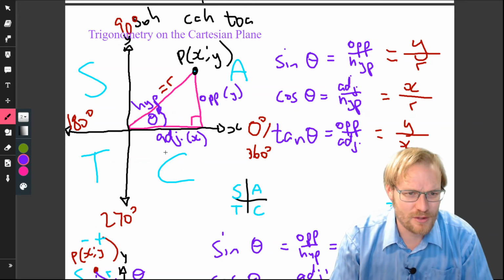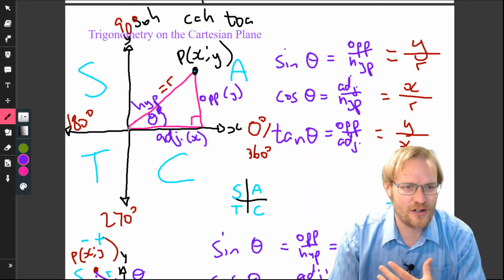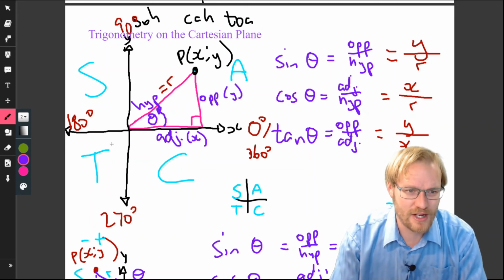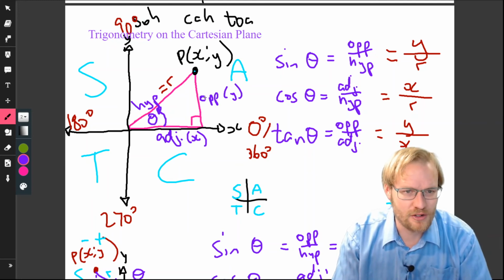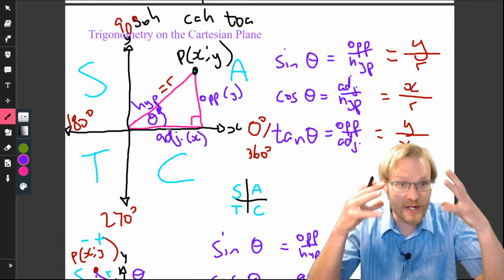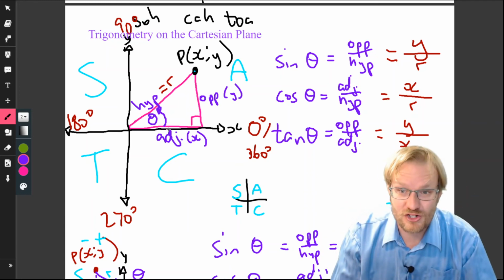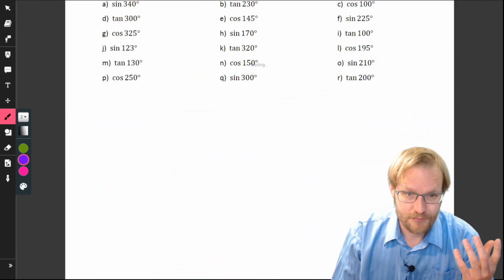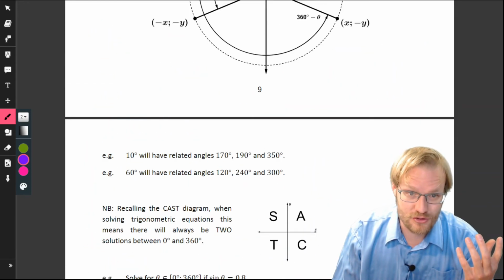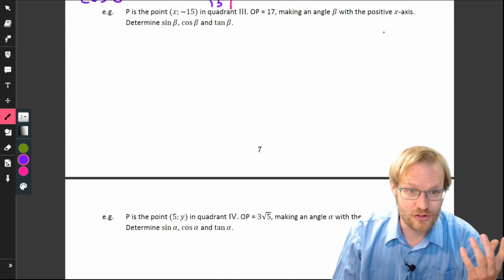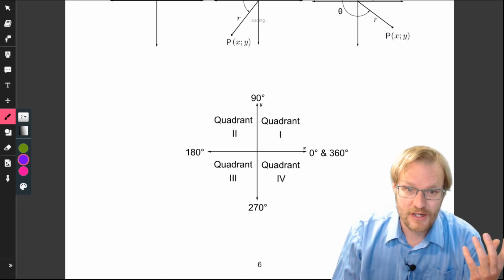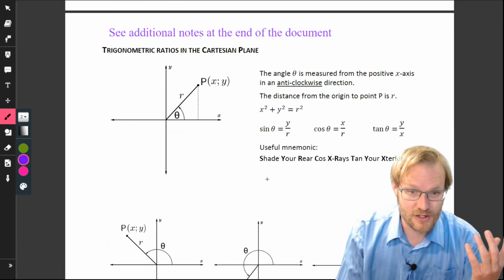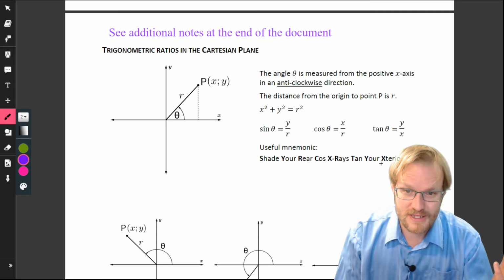And I know that one, and then I can turn it very quickly into this diagram that I can scribble in a jiffy to go, let me draw my triangle, therefore the opposite is y and the adjacent is x, and it reinforces this triangle on the Cartesian plane. That's why I like doing it that way. But nothing wrong with when you use it enough times that you just remember which one's which. And as I said, there's a mnemonic, shade your rear because x-rays tan your exterior.